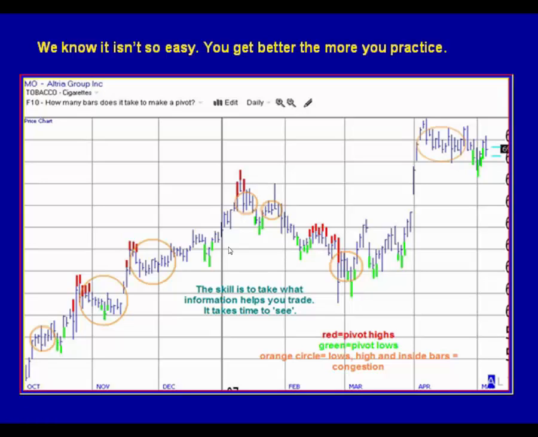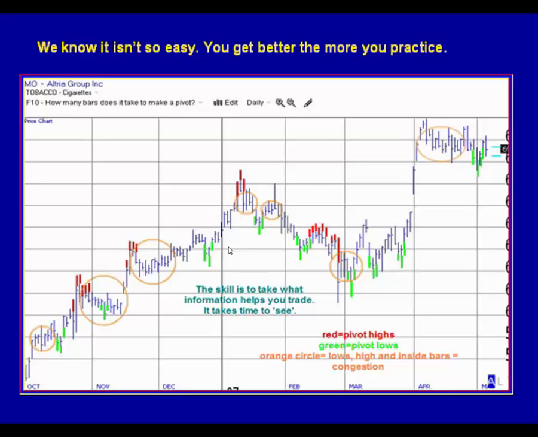Think about it: the forces of supply and demand came in at those points. Professionals are not challenging whether or not that level is going to hold for support or resistance. They assume that it is until proven otherwise.